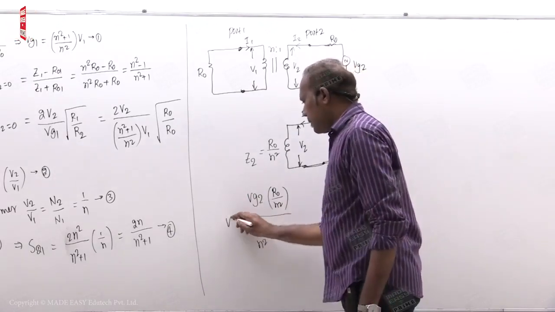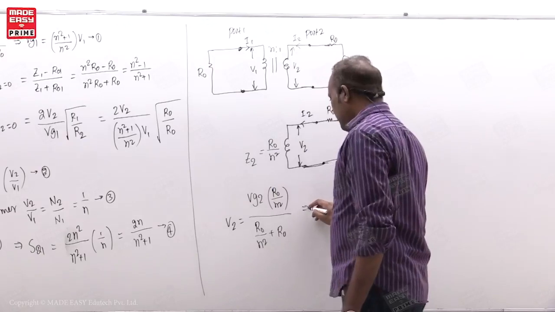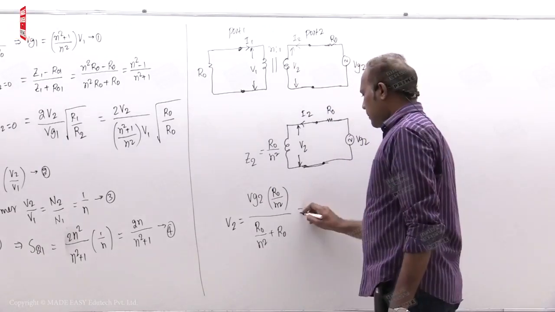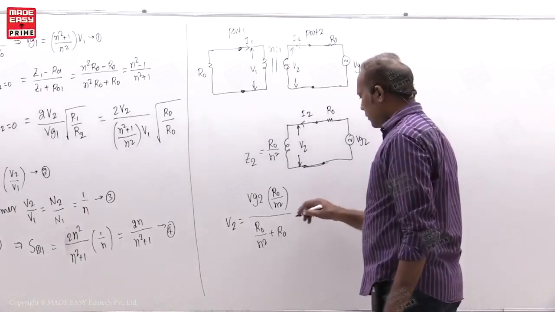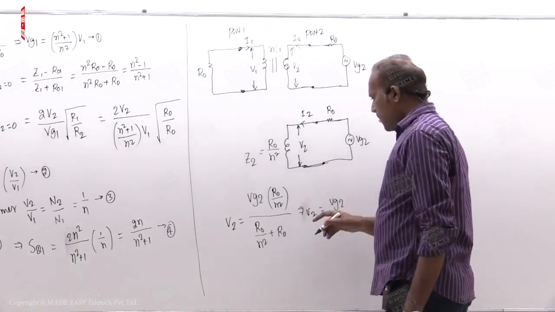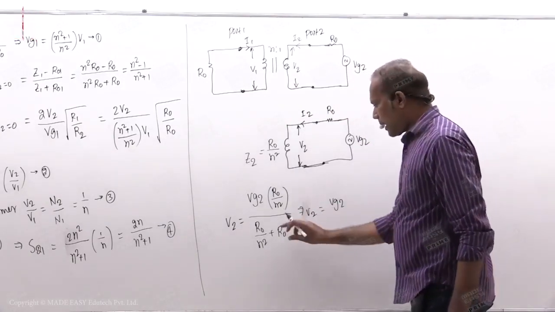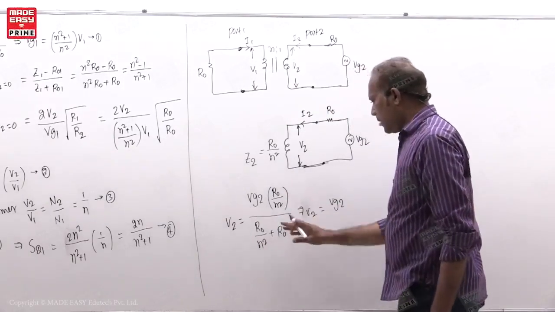Okay, this is V2. Something cancels here. So V2 is equal to, you simplify that, VG2 times n square, R0 by n square pulled out, cancel.